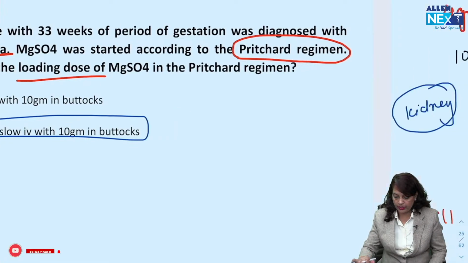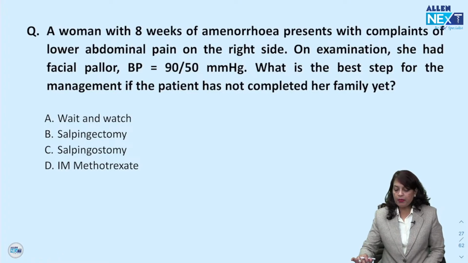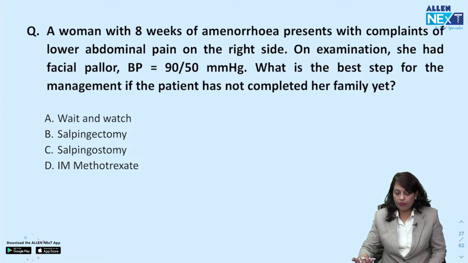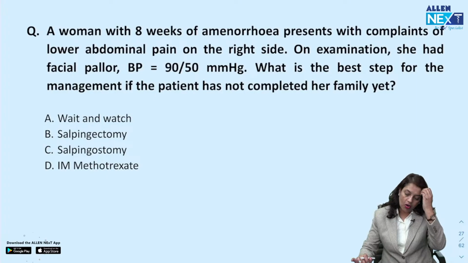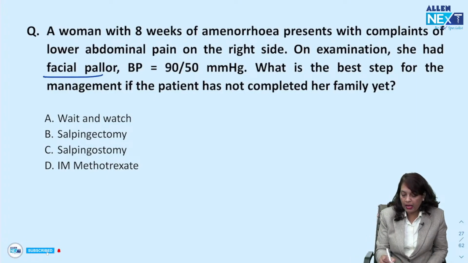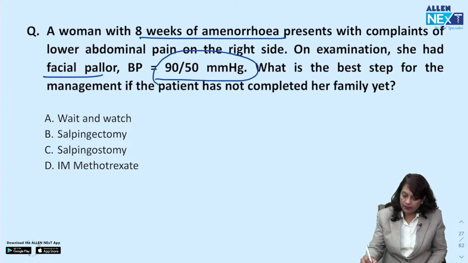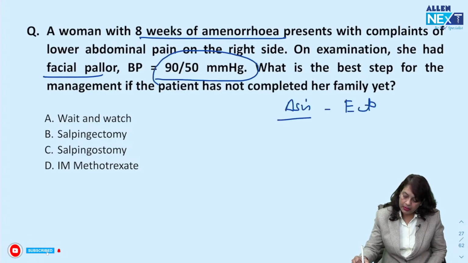Next. A woman with 8 weeks amenorrhea presents with complaints of lower abdominal pain on the right side. On examination, she had pallor. Pallor, amenorrhea, and blood pressure 90/50. According to me, my diagnosis in this case is ectopic pregnancy.